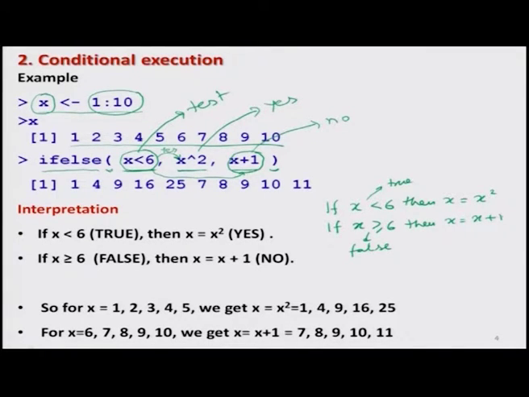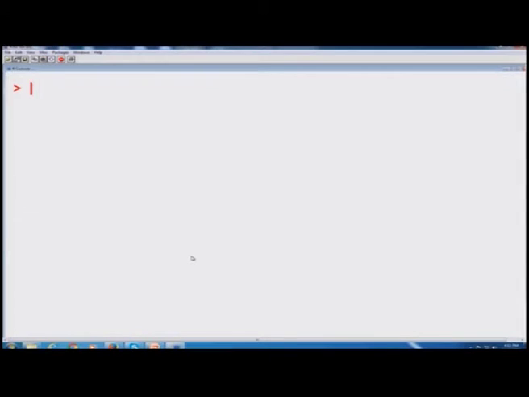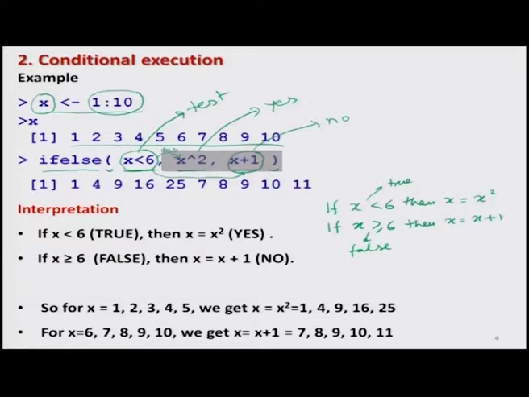Before I go further, let us try to execute it, see the outcome, and then we will try to understand how things are happening. First, I generate the data here over the R console. You can see this is giving me a sequence of values from 1 to 10. Now, I write down this condition over here.